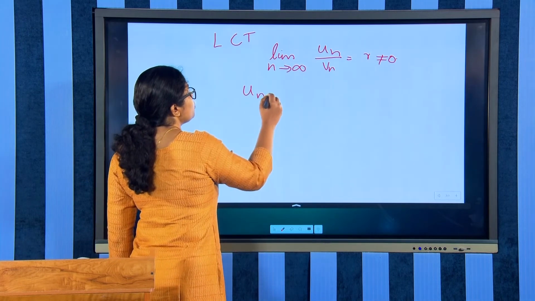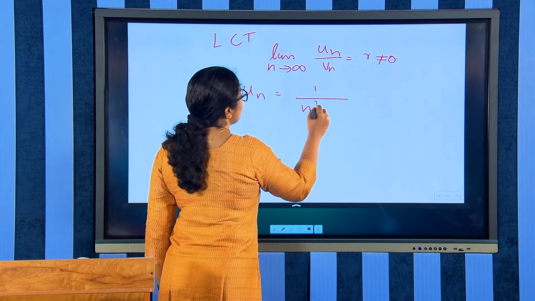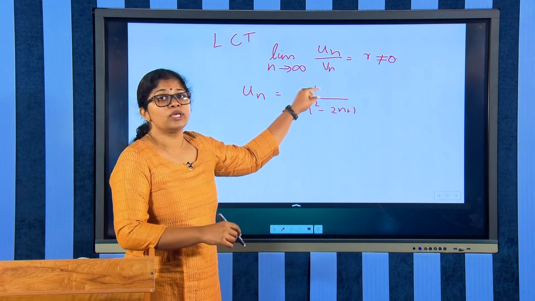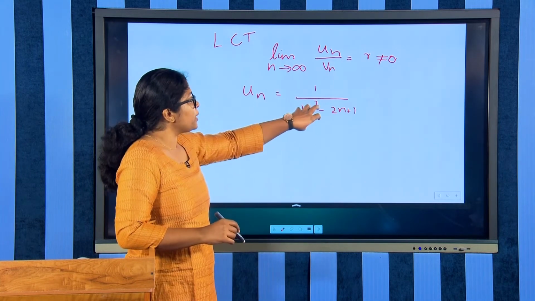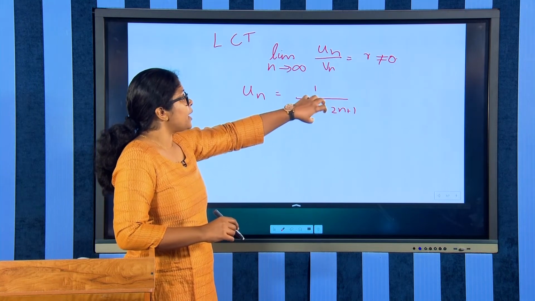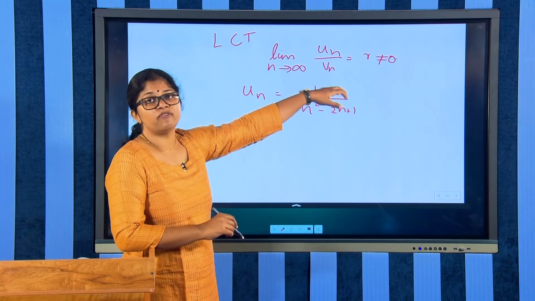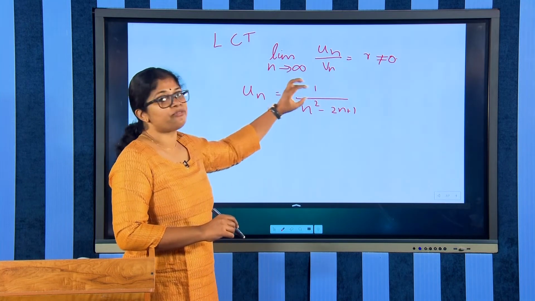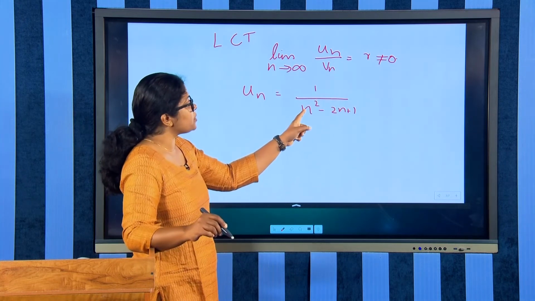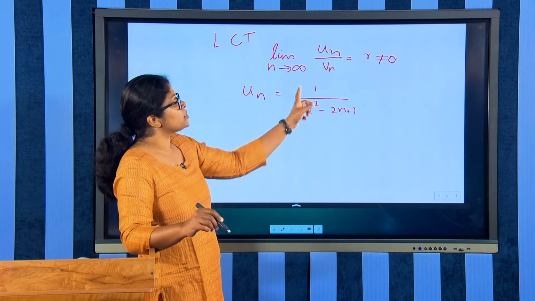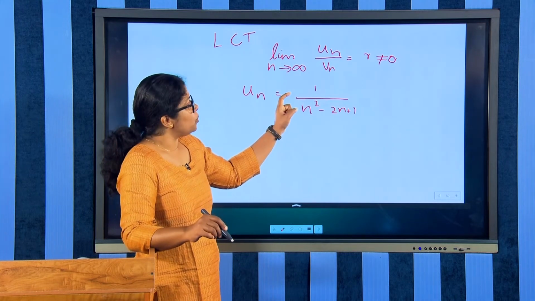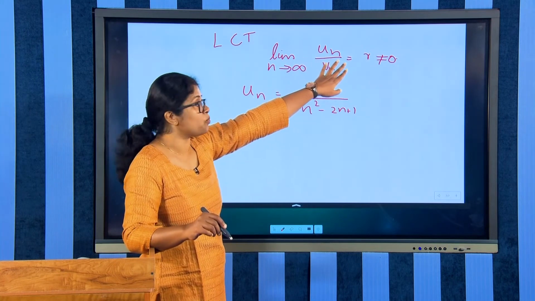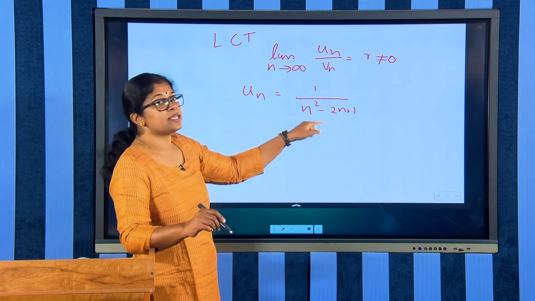Given un equal to 1 upon n square minus 2n plus 1, when you apply the limit n going to infinity, when n becomes larger and larger, there should be something in the numerator which cancels these n's off. Then only we will get a finite quantity. Otherwise, if you directly put n tends to infinity, this will go to 0. So we need some term here in order to get the ratio to be a finite non-zero value; we need to cancel these n's off.